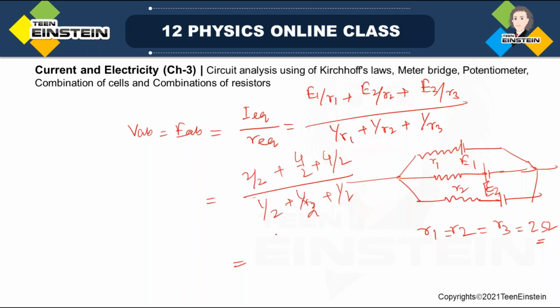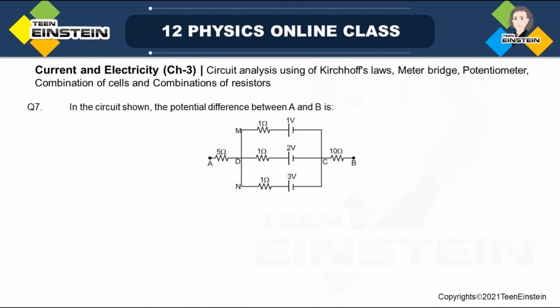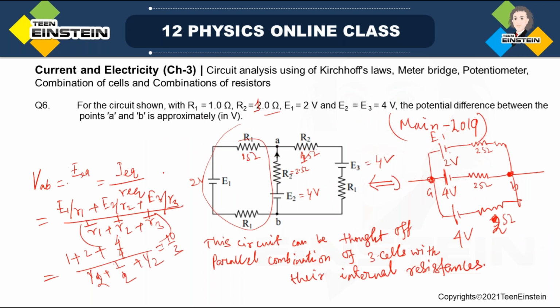So 2 to 4, 5 into 2 divided by 3, so 10 by 3 volt. Okay, 10 by 3 volt, and we have to see whether there are options. Actually, there were options for this problem. I'll clean everything I have done.